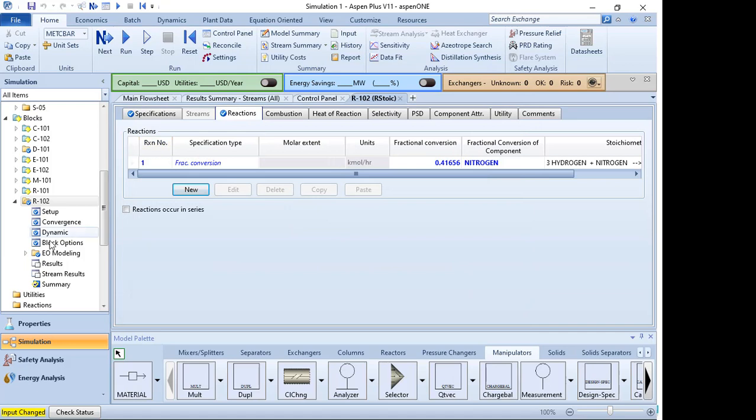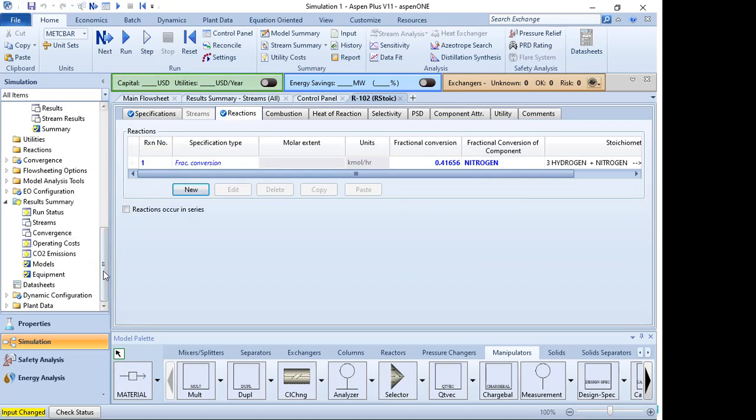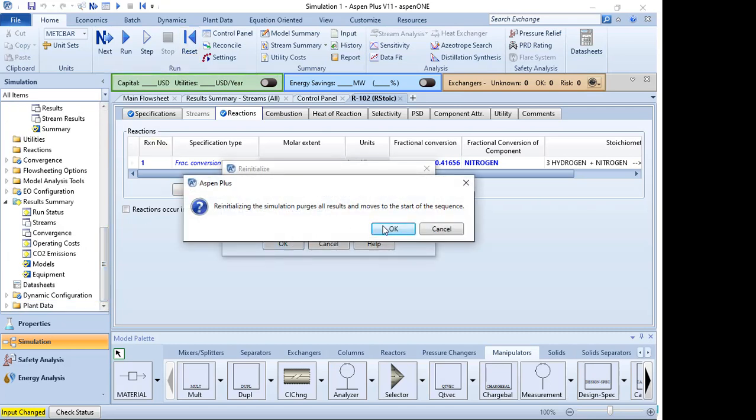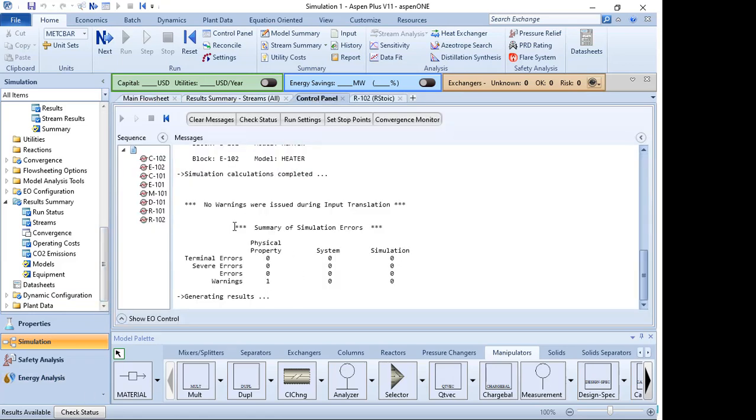And then everything's finished, all input has been entered. Then don't forget to reset your simulation and then click next to simulate your process. Results available, no error found, only warning in here, which is okay.